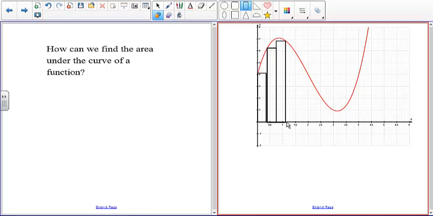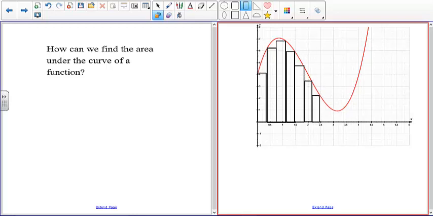So I'm just arbitrarily making rectangles which are all underneath the curve, but that's about it. Obviously, I'm going to under predict the area underneath the curve when I use these rectangles, because you've got this space between the rectangle and the curve.